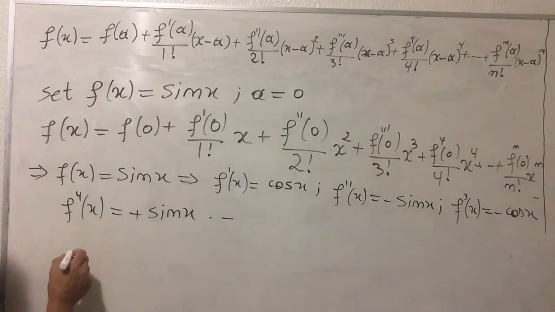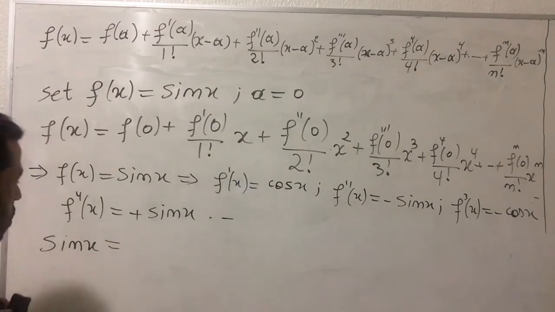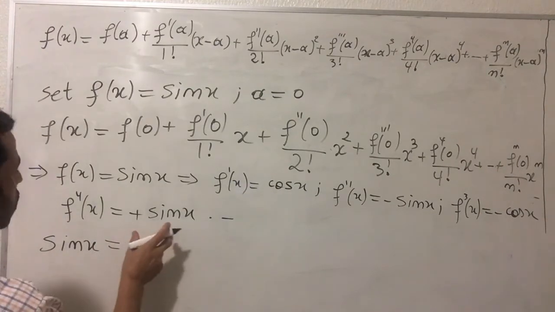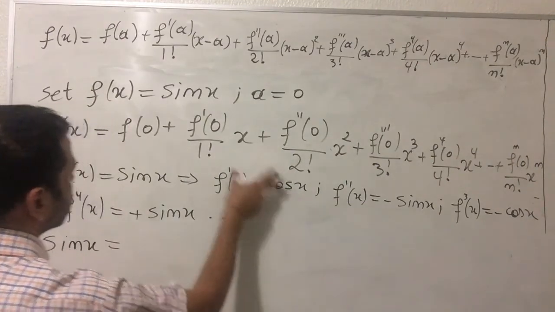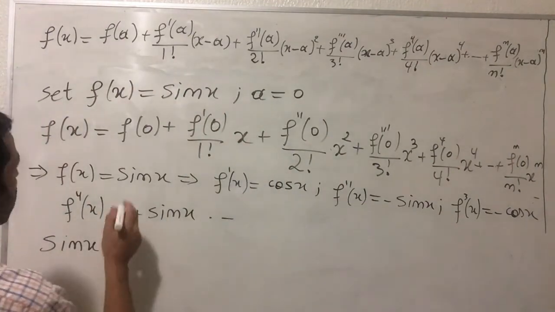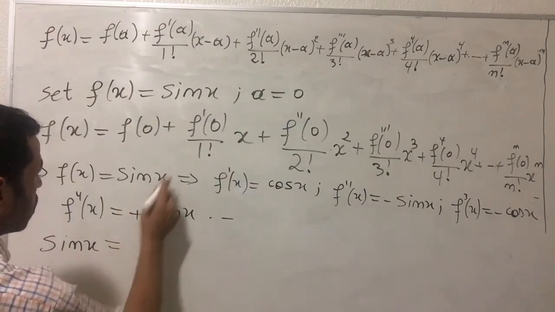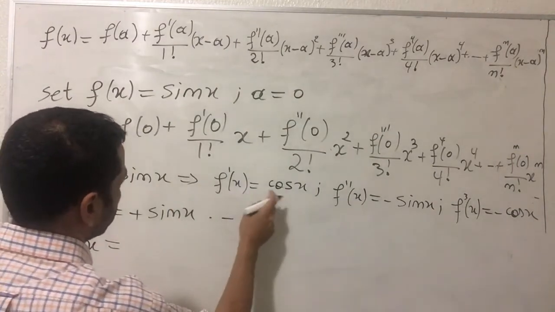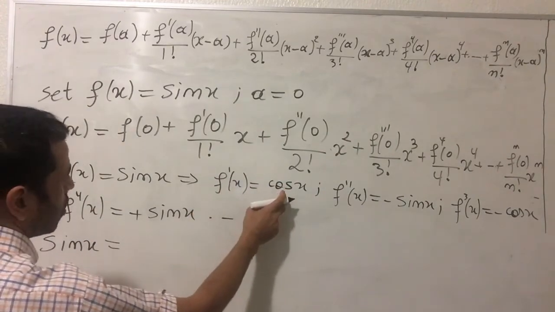So now I will have sine x equal to, I'm going to plug this into this expression. So we'll have f of 0, which is 0. The first derivative at 0: if I plug number 0 into the first derivative, I will have number 1.